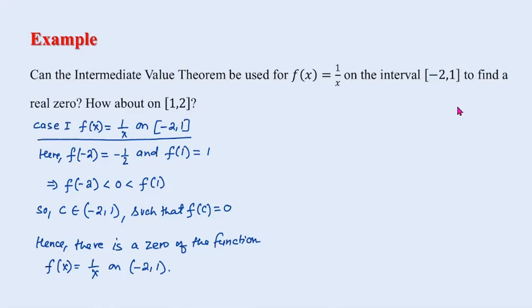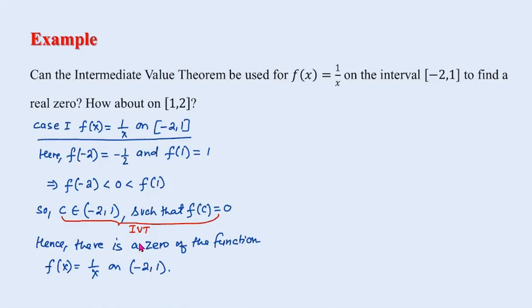So that is what is confirmed by the intermediate value theorem. So this statement here, c is in the interval -2 to 1 such that f of c equal to 0, that particular statement there is our intermediate value theorem. So this is confirmed by the intermediate value theorem.